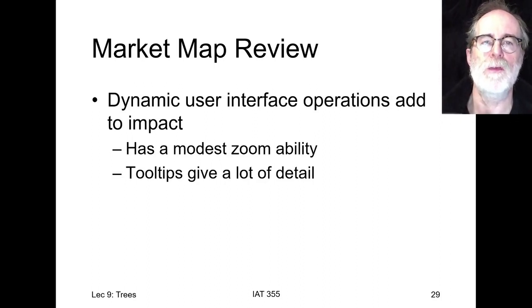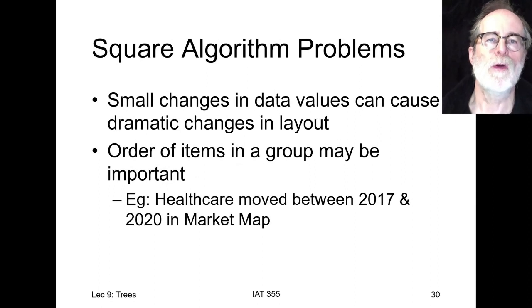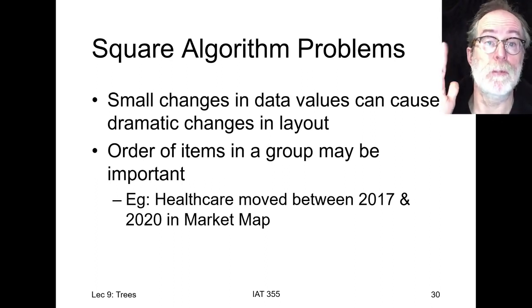It has this moderate zoom ability that I showed you, and the tooltips give you a lot of detail. However, one of the things that tends to happen, as with any optimization algorithm, is you get a solution, you like it, you stick with it. Next day, next week, not much changes in the stock market. If you run the layout algorithm again, you get a solution that's pretty similar.